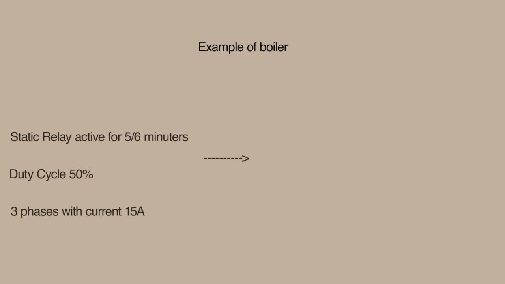A practical example on this topic we have found is an application that heats up a small boiler. The load is a 3-phase 15 amperes that has full power only at the startup of 5 minutes, and then the maintenance, where in the worst condition the duty cycle is 50%.